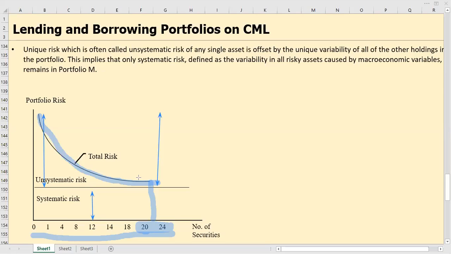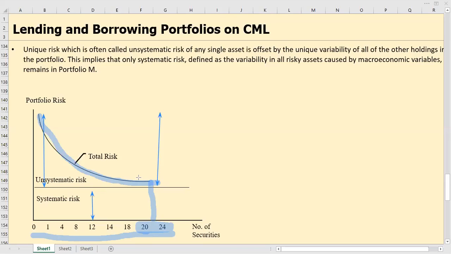So for a given level of that risk-free rate, if you combine that risk-free asset with the market portfolio, which represents all the assets in the market, you get the best possible results at the tangency point, where the capital market line touches the efficient mean variance function.